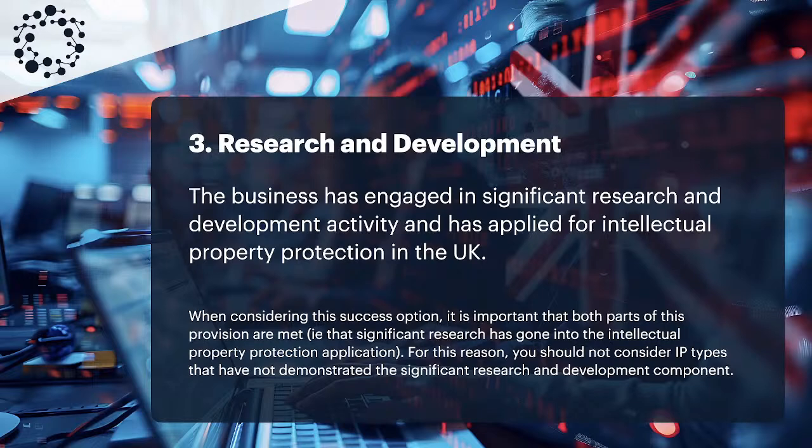Now we've got two massive things there. You've engaged in significant R&D activity and you've applied for intellectual property protection in the UK. Two quite different things. Now, the Home Office give us some sub-notes. There's actually a lot more notes in the guidance for endorsing bodies.